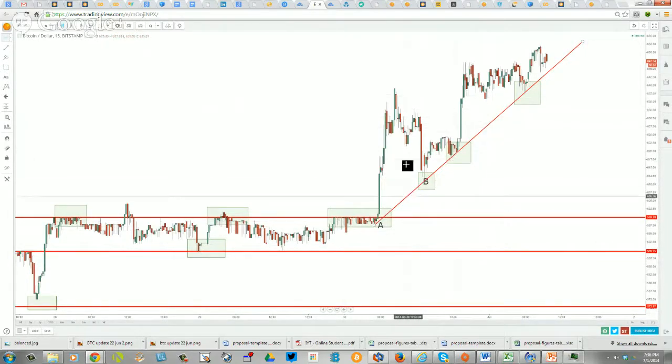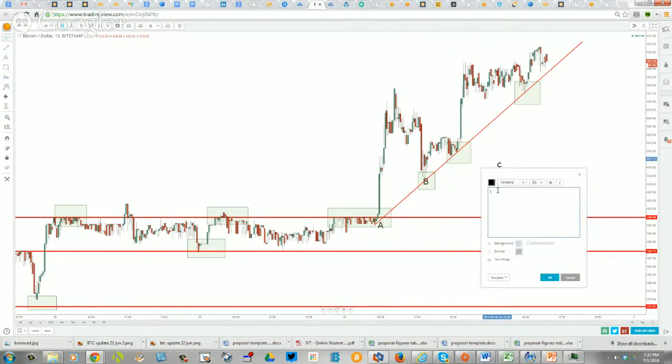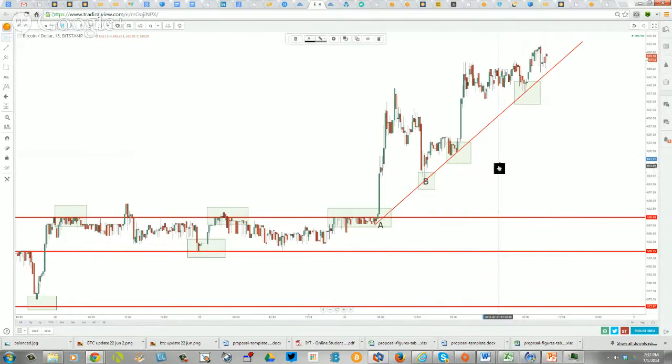Well, if no one were trading on this timescale, or no one were trading this market actively, you wouldn't see the reaction against that line at C, right? That wouldn't happen, but it does.